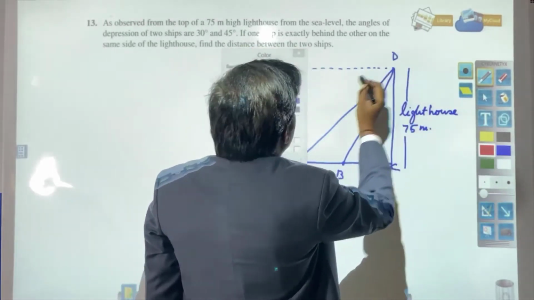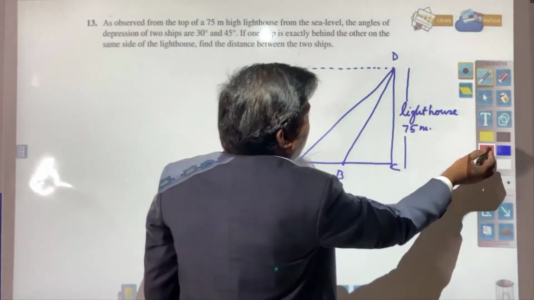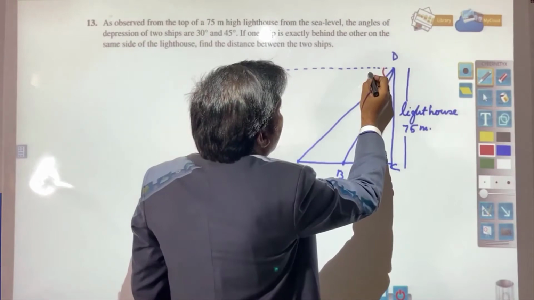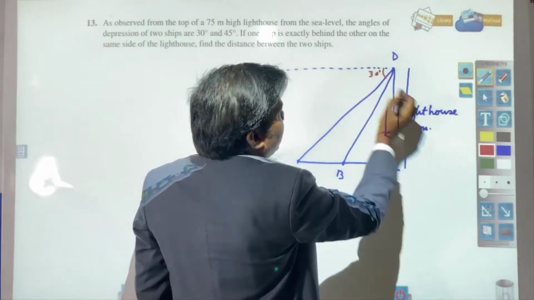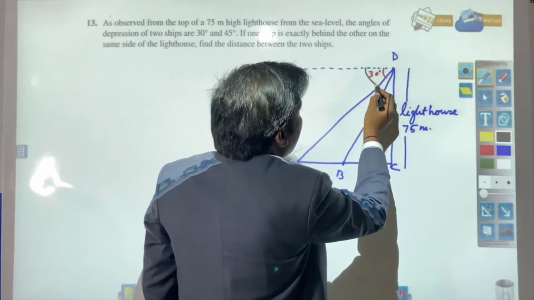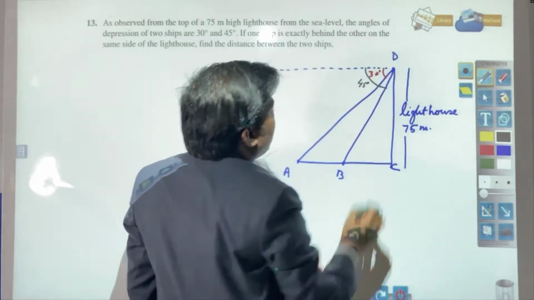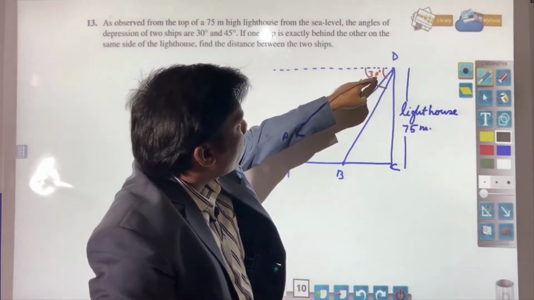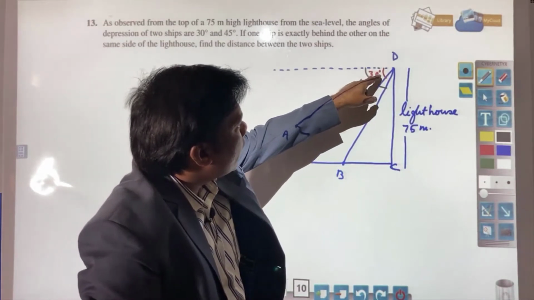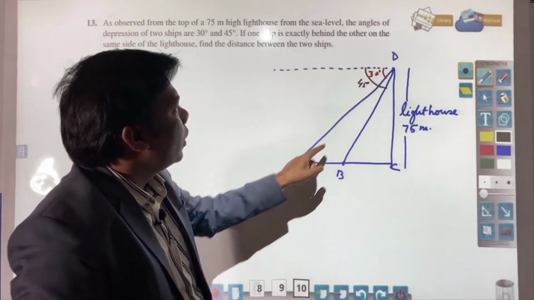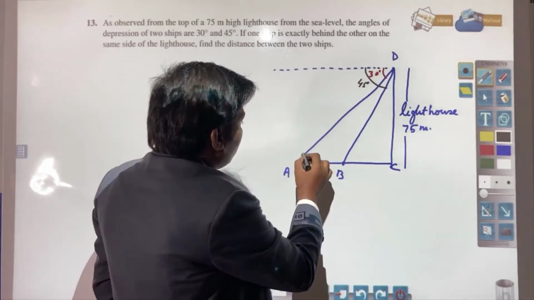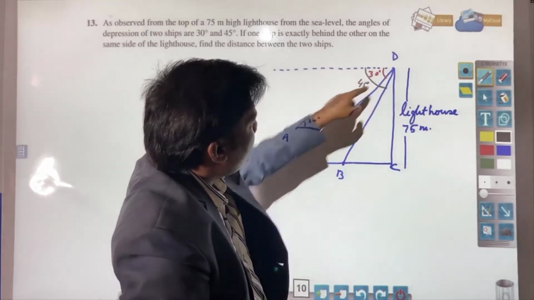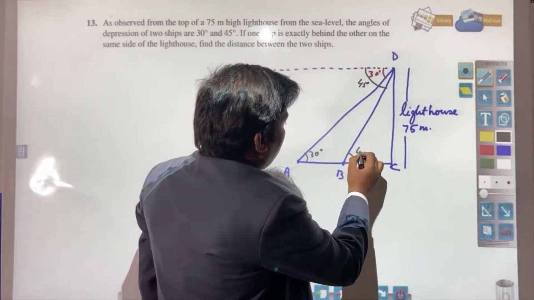One angle is, this one angle is 30 degree and this angle has been given, this angle is 45 degree. So now you see this angle, 30 degree, this is alternate interior angle of this angle A. So if this is 30 degree, this will be also 30 degree. And here if you have 45 degree, so this angle will be 45 degree.